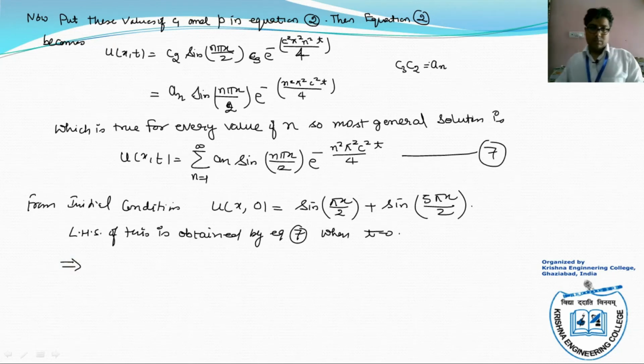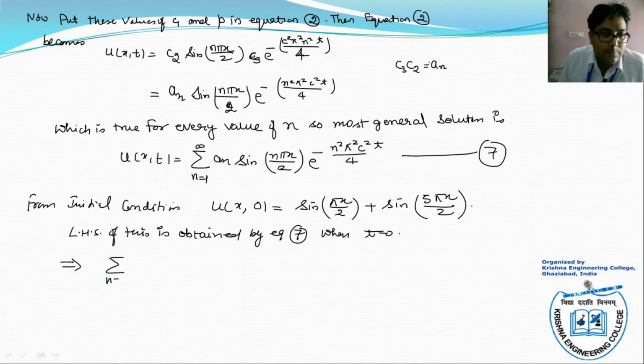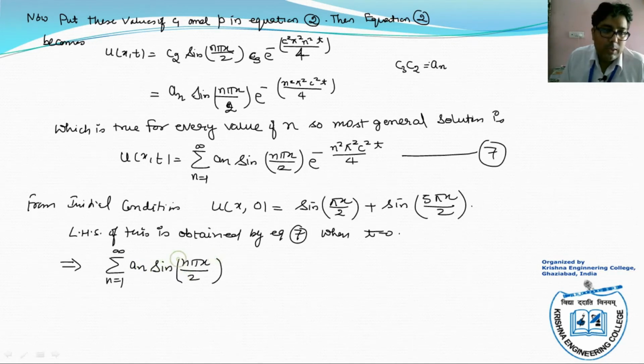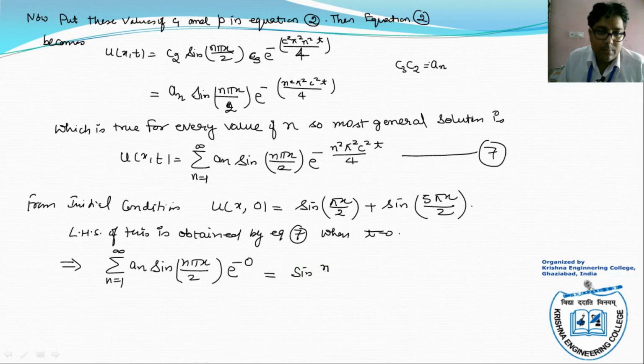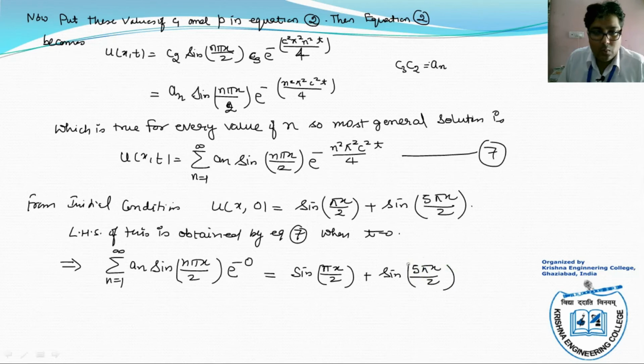So u(x, 0), the value of u(x, 0) is summation n is equal to 1 to infinity a_n sin n pi x by 2 into e to the power minus 0 is equal to sin pi x by 2 plus sin 5 pi x by 2.